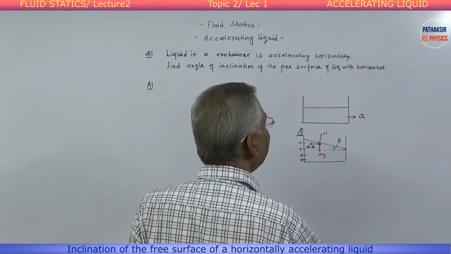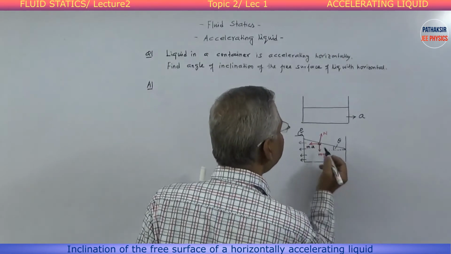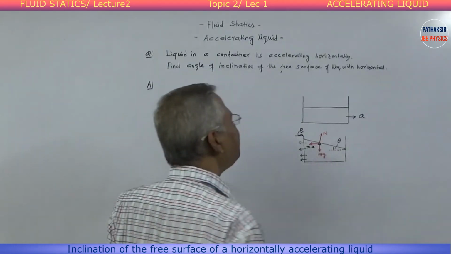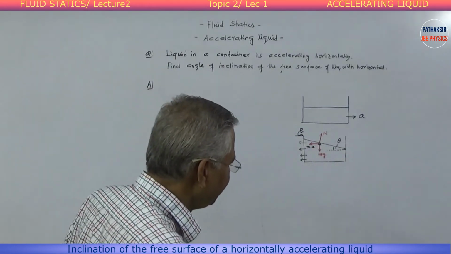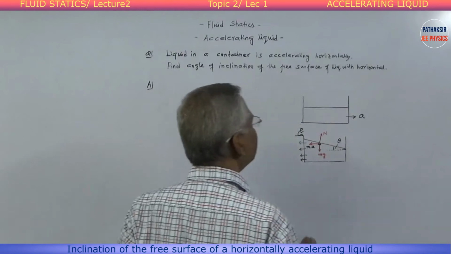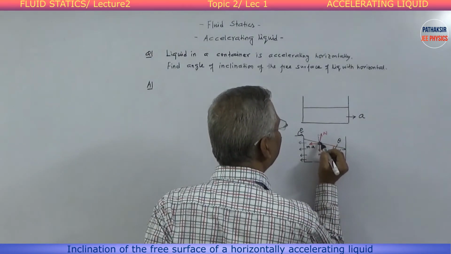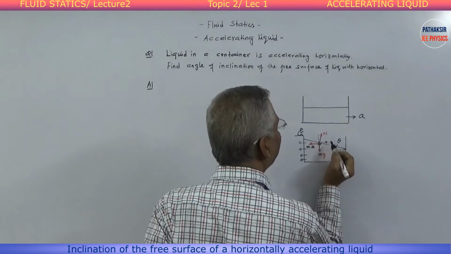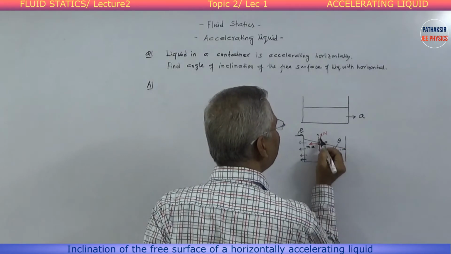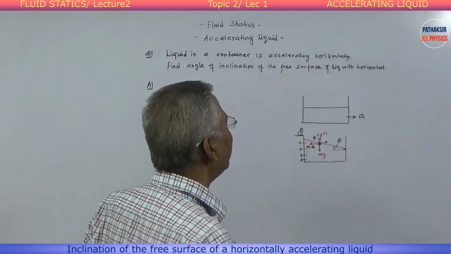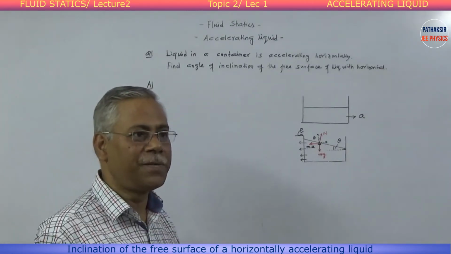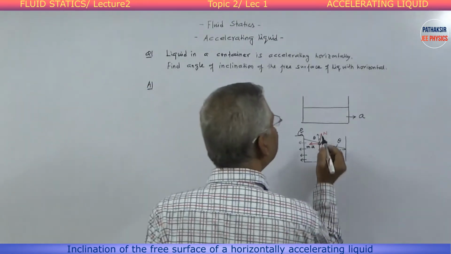So, we will do what? Resolve N. This is theta, means this angle is theta. So resolve N into two components, N cos theta and N sin theta.